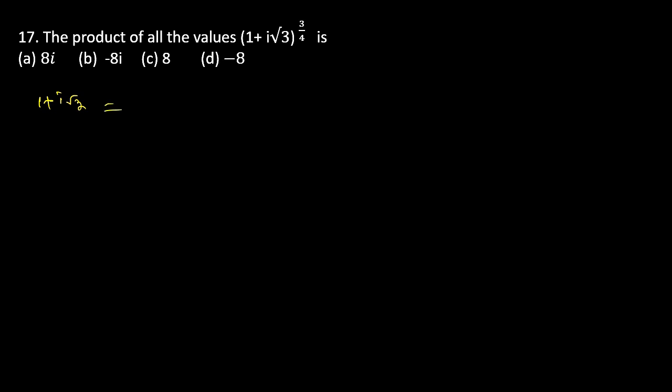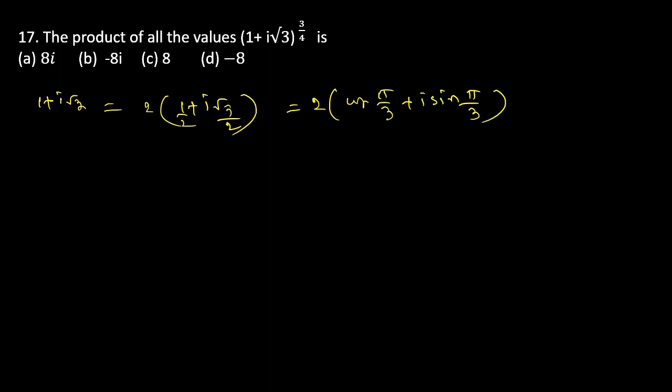We can write 1 plus i root 3 as 2 into cos pi by 3 plus i sin pi by 3.